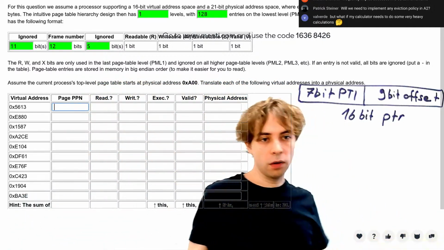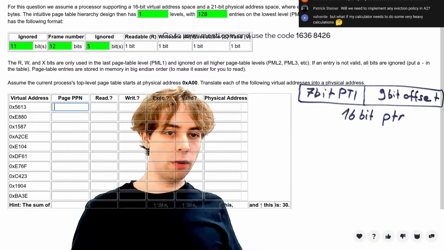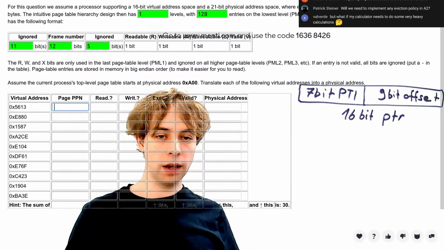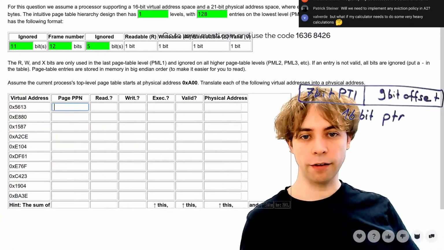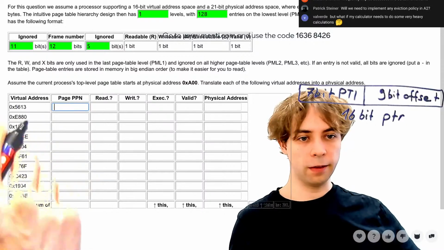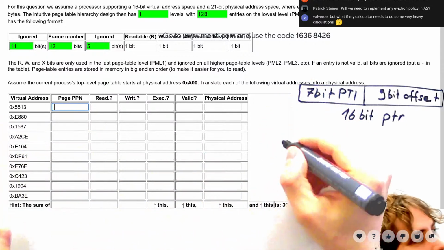Okay, so that's the page table index and the offset. So we can basically now take a look at this address, this 5613, and we can split this up.